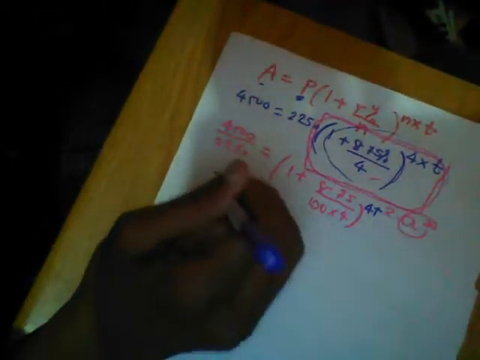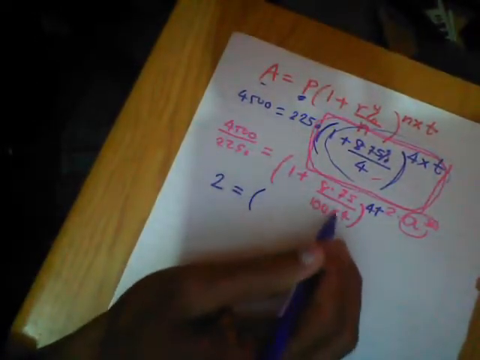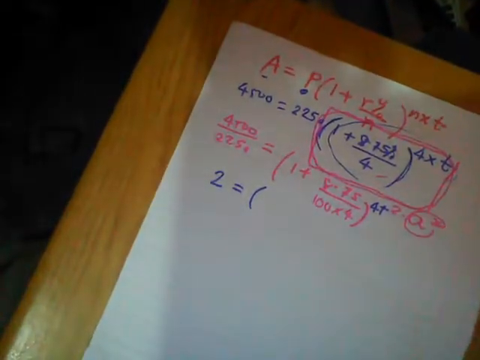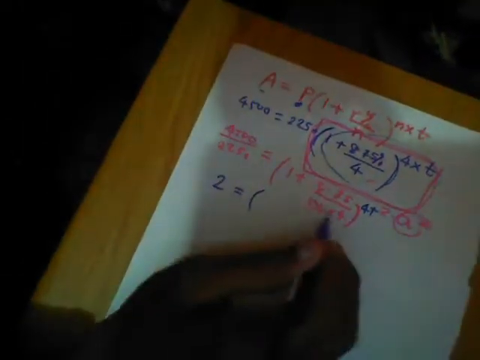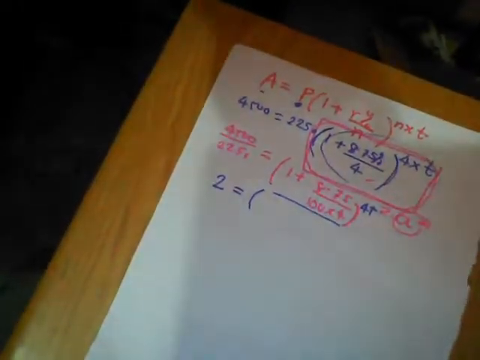So this side we're going to get 2. Also I can simplify here, put it in the calculator. Put all this stuff in the calculator.